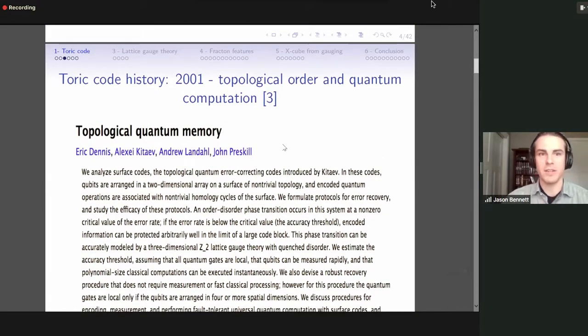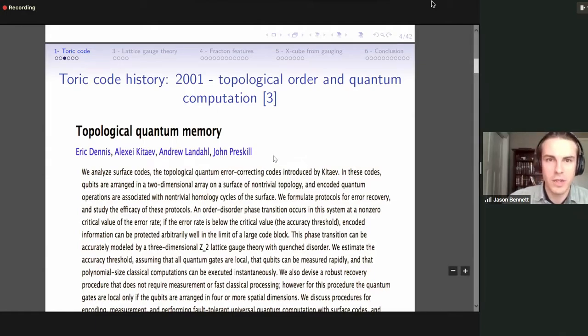And Preskill, Kitaev, and many, many others started to look at this from a condensed matter standpoint, where they looked at lattice gauge theory from all the way back in the 90s with Susskind and Cugat, where they started to look at lattice models and think about some of the things that were protected, for instance, topologically protected ground state degeneracy and things like that, and what we can use from condensed matter on the quantum information side of things.